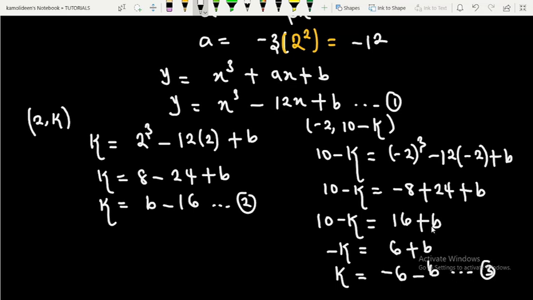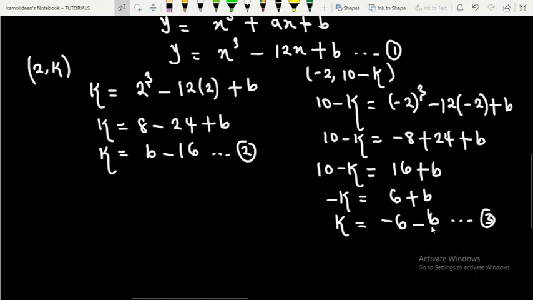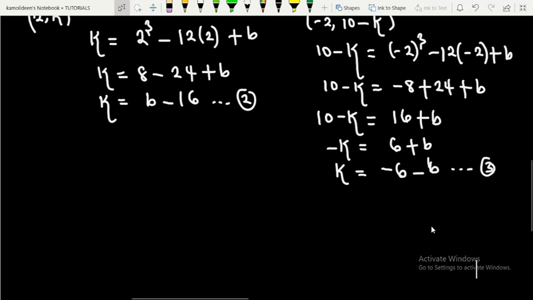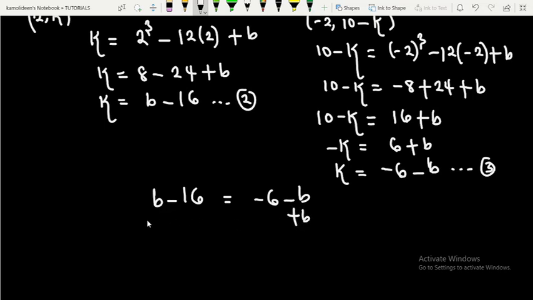Now observe closely that equation 2 and 3 have their left hand side as k, so we are going to equate their right hand sides, so that we have b minus 16 equals minus 6 minus b. If we add b to both sides, we're going to have 2b minus 16 equals negative 6.